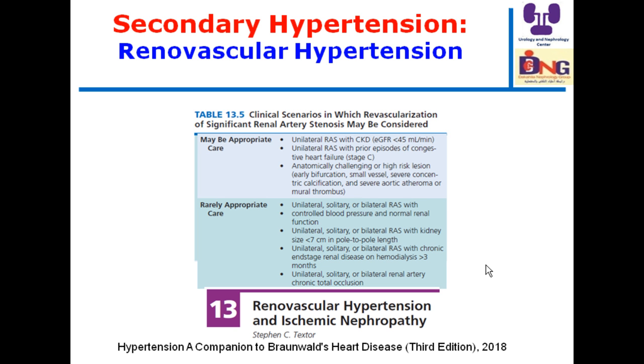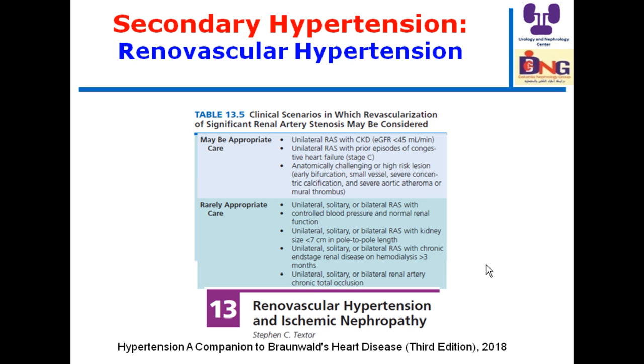So we should think of all these. Renovascular intervention is essential when clinically indicated, but to put it as a choice from the beginning is not a standard of care.